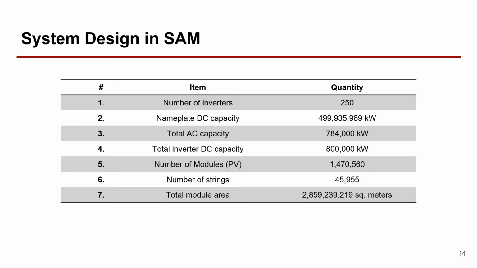The number of solar panel modules we used was 1,470,560, while the number of strings in this design was 45,955. And the total area that this system requires is 2,859,239.91 square meters, which is a large area.